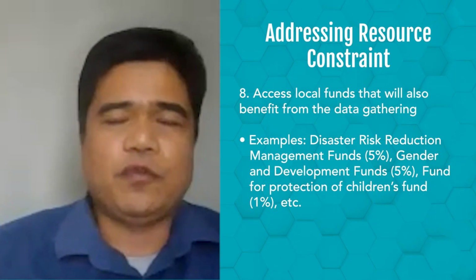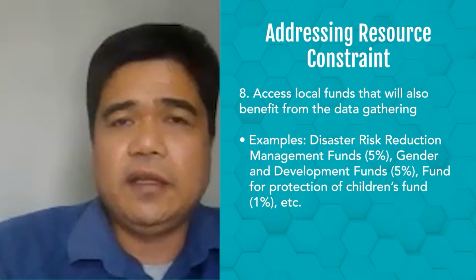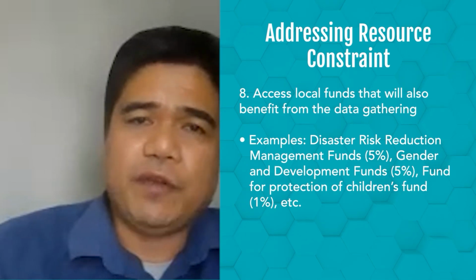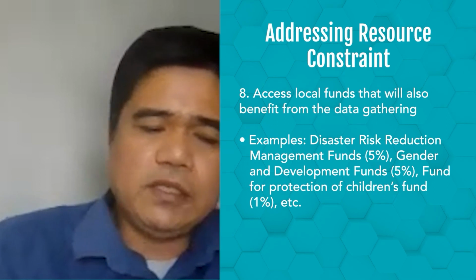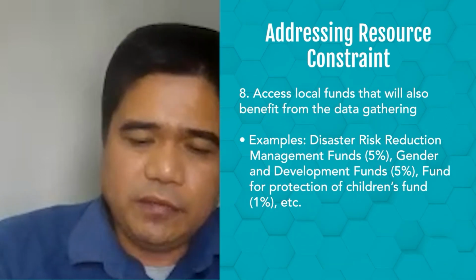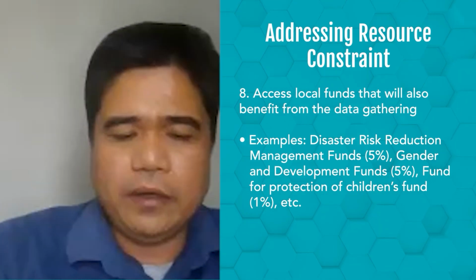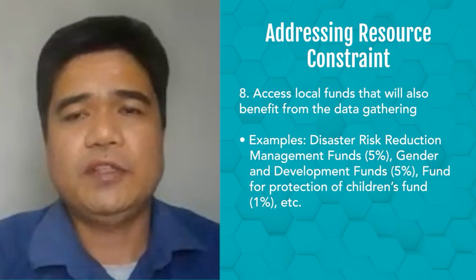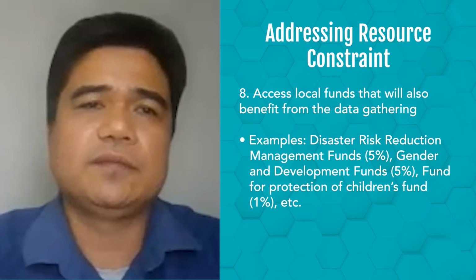They can also be used for data gathering, particularly for baseline data, to make their activities more effective. The GAD law also requires LGUs to be more gender responsive, and this can be done if there are baseline data available. So these funds, among others, can be utilized.